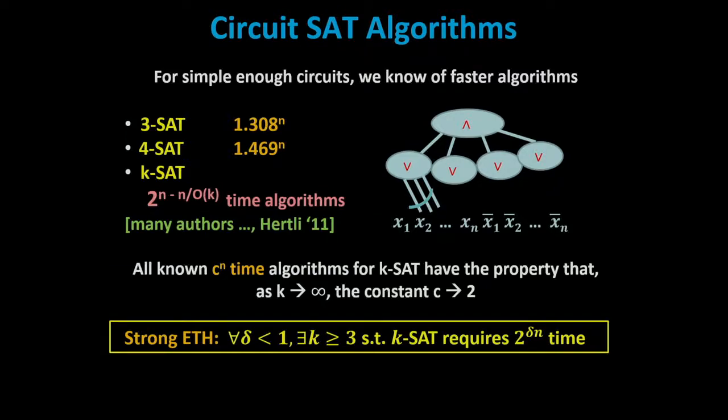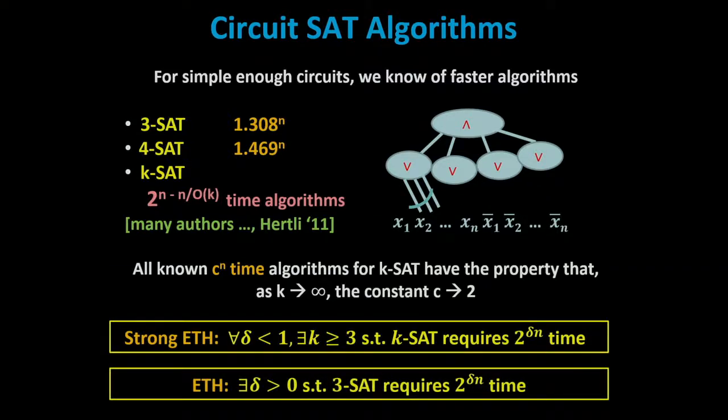There is some constant k for which the clause width will be so large you cannot even get that string of 9s in the exponent. Okay, so what it is saying is that you just can't improve over this base of the exponent 2 as k goes to infinity. So Virginia talked about this, and Mohan talked about this, so I won't talk much more about it.